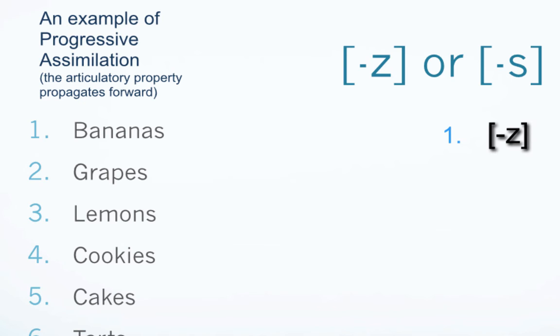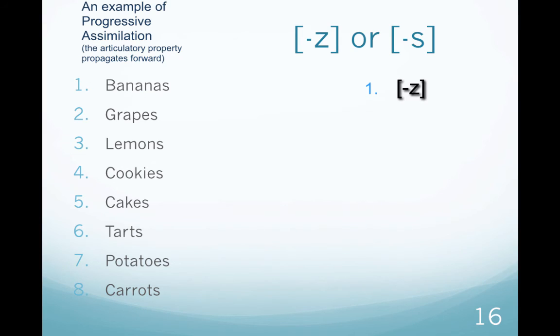Give it a try. Try to guess if number 2 to 8 are pronounced with the allophone z or the allophone s. The allophones are different realizations of the same sound. In this case, plural, represented by s or es, has two allophones in English, z and s. So what about grapes?